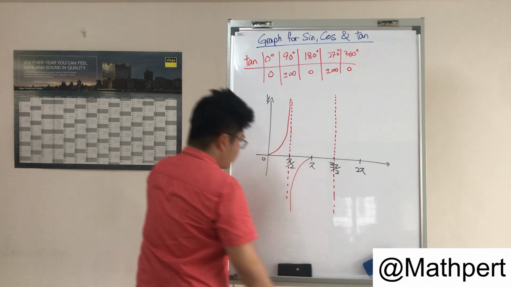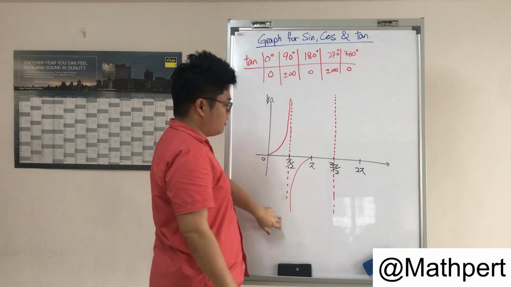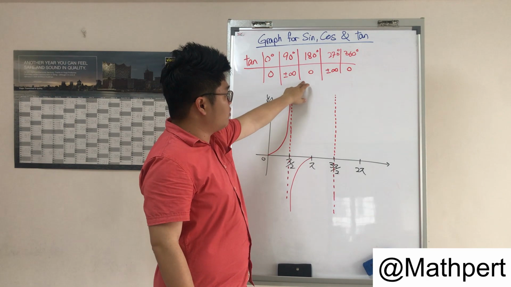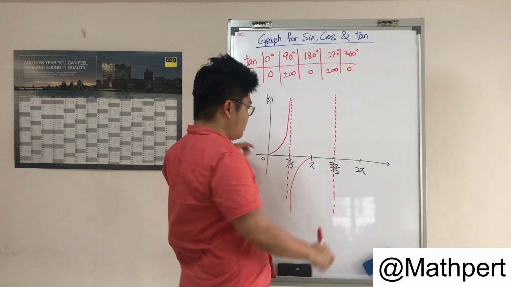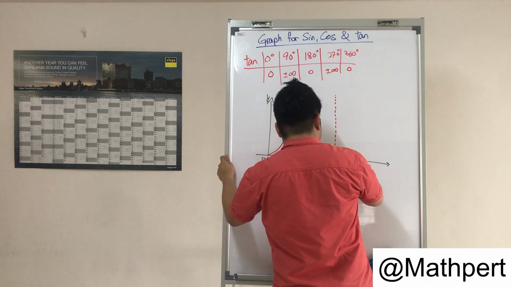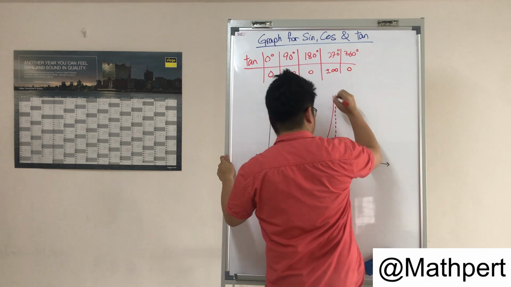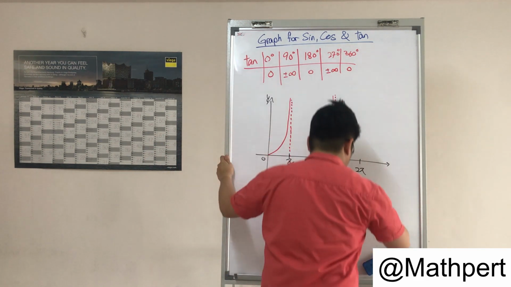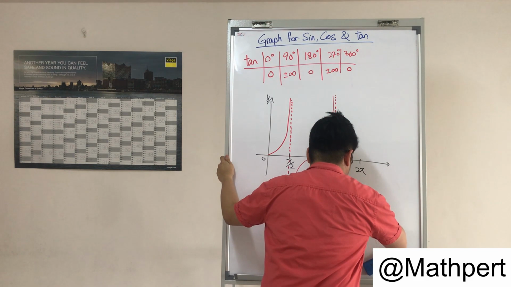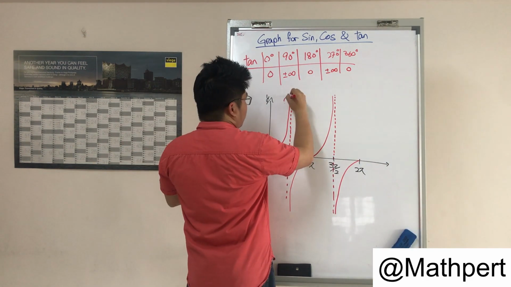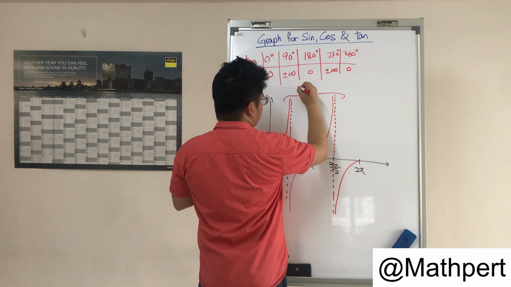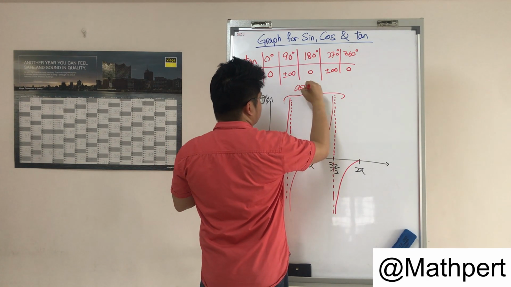This is negative infinity. 180 is 0. 270, 3 pi over 2, is plus minus infinity as well. And this we call an asymptote.